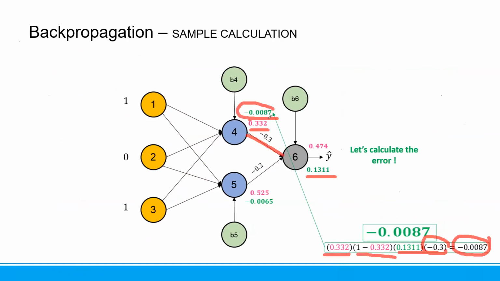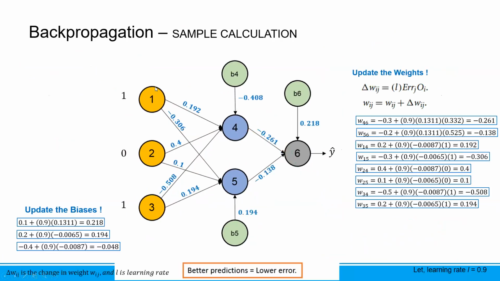We put the error in unit 4 as this number. So we can compute the error for the remaining nodes. So we can say that backpropagation also works for the previous layers. We can also check the error.